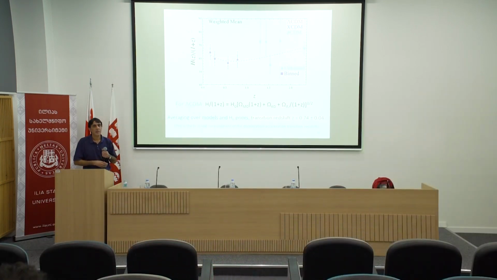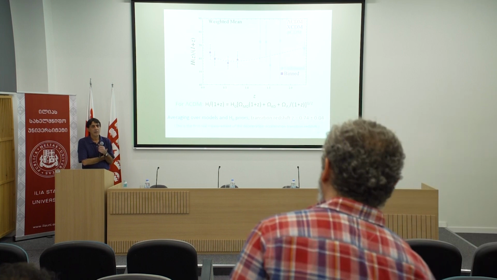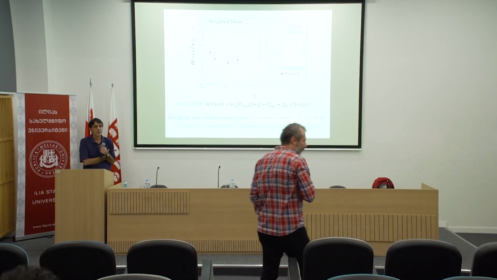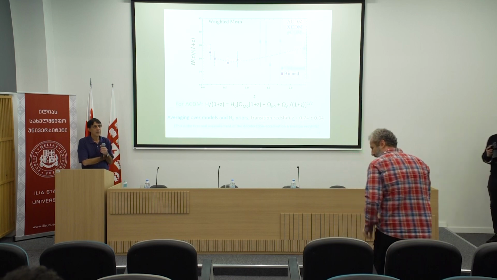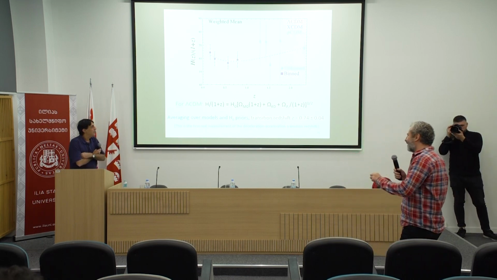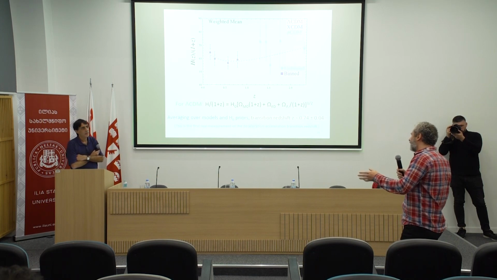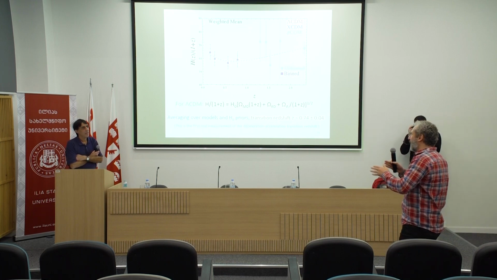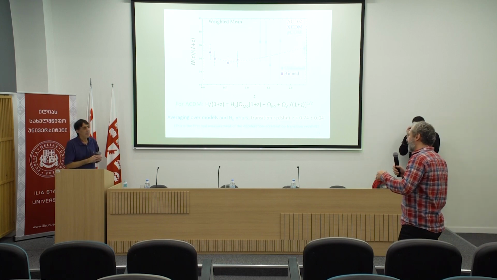Other questions? I have one question. Recently there were many discoveries that in galaxies, the ratio of dark matter to luminous matter is quite different from one galaxy to another.